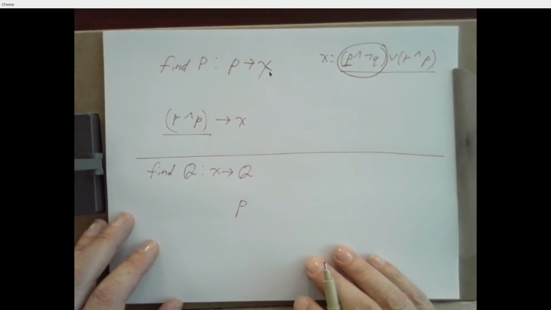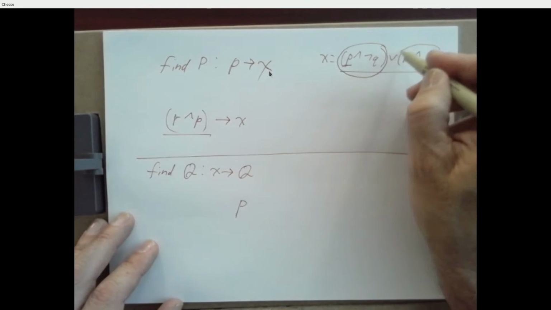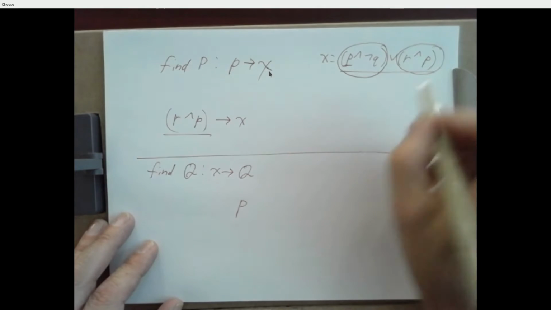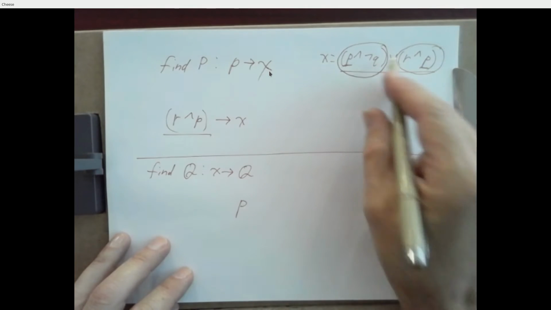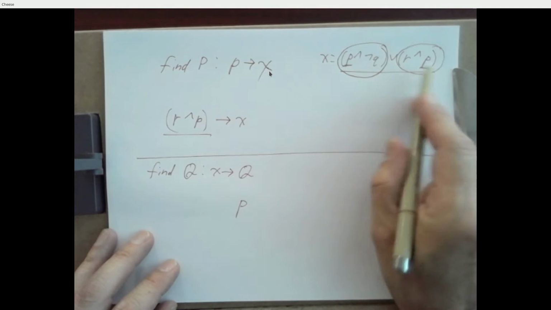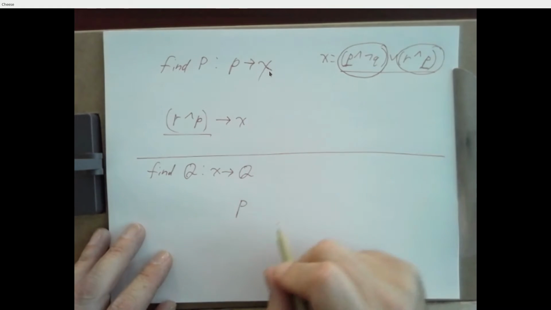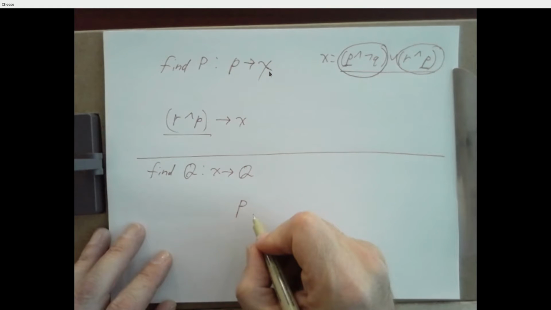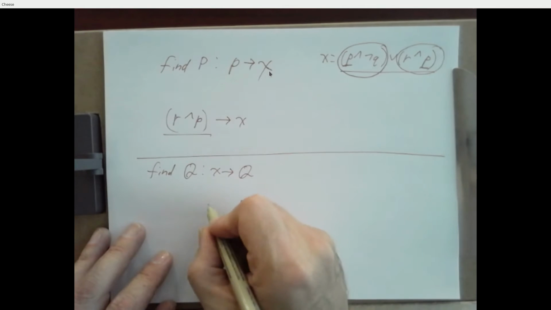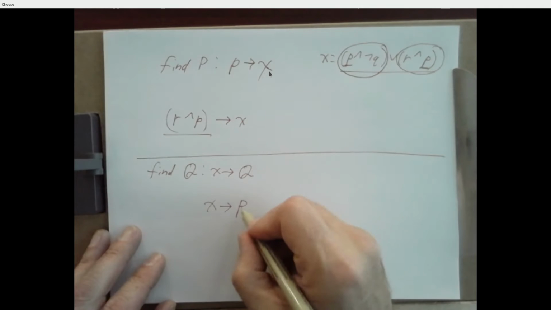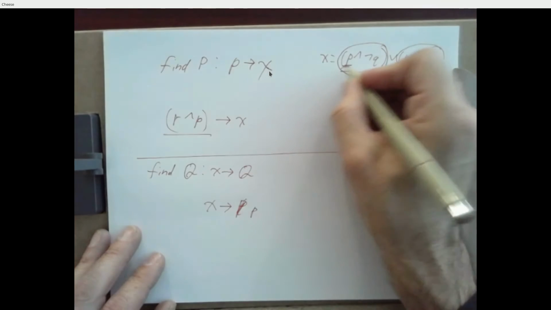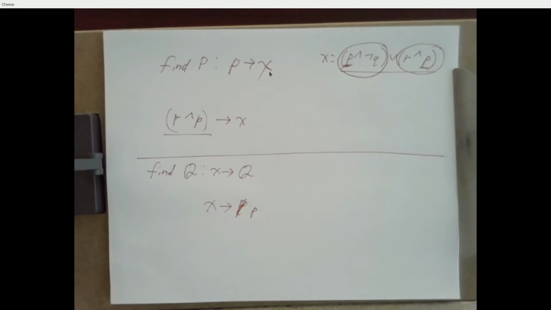So the only way X can be true is if P itself is true. So if X is true, then we know that P is true. This is the little p up here. So that would be a proposition implied by X.